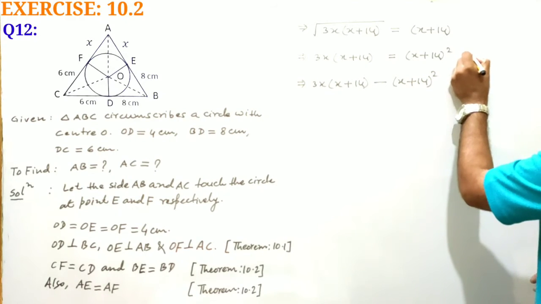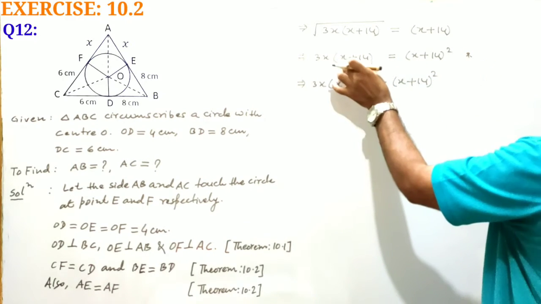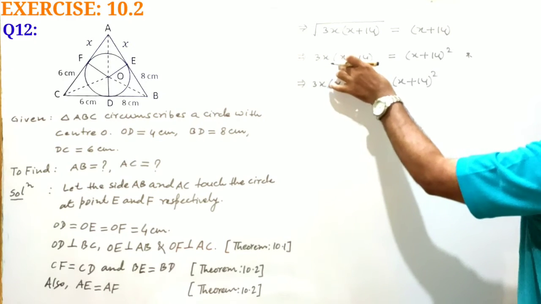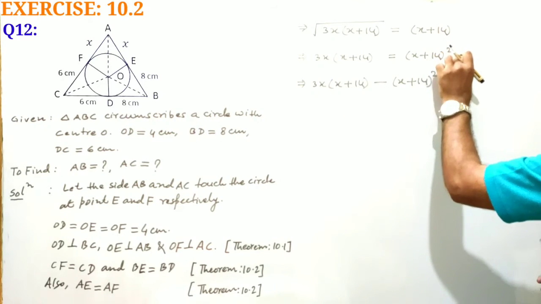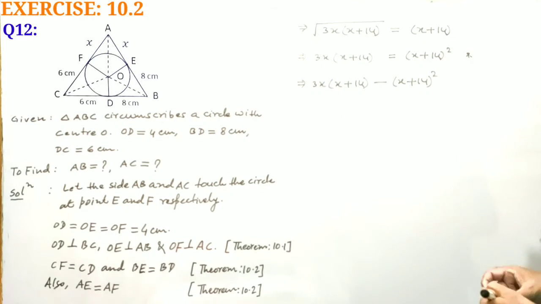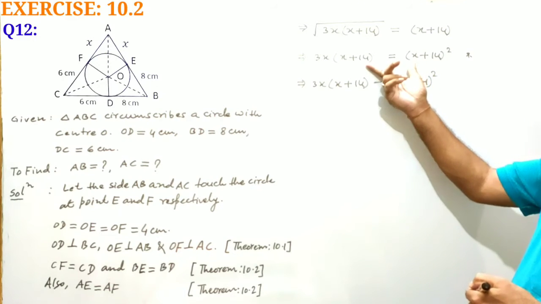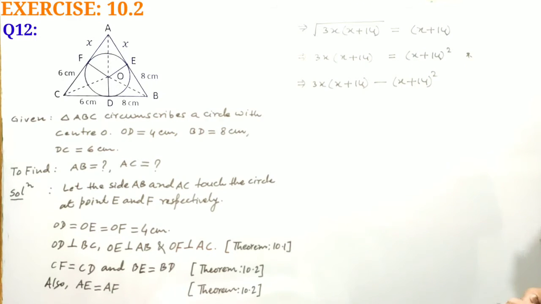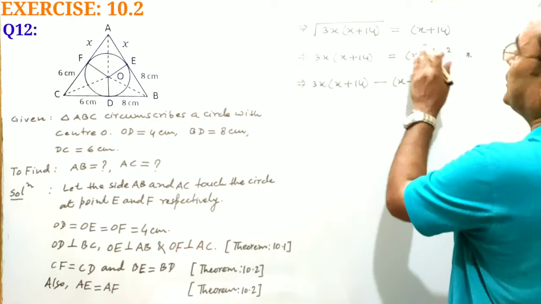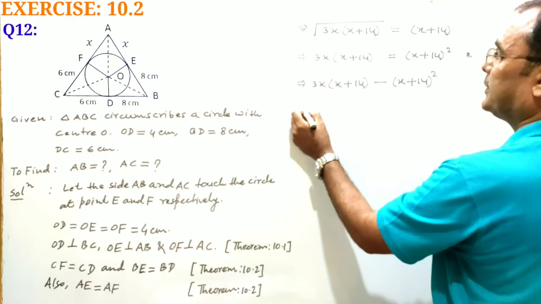At this stage, listen, you cannot cancel this one factor x plus 14 here, because if you cancel it, it is going to be a wrong method of solving an equation. So we have transposed it from left side to right side.